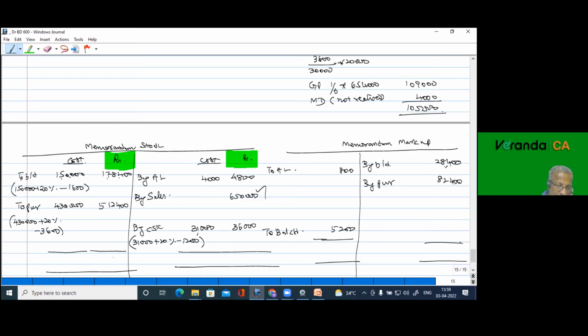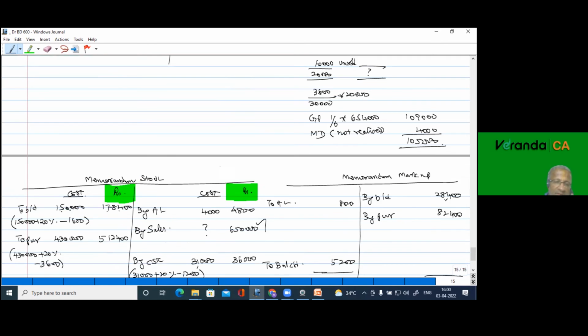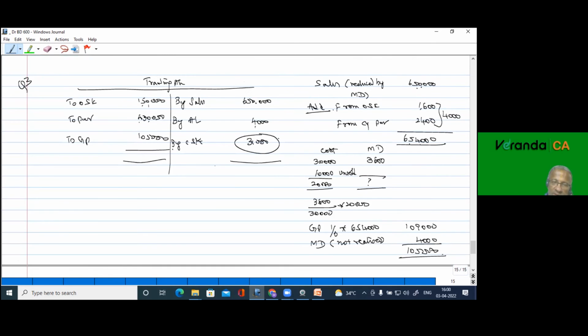It will automatically agree. This is only for the purpose of finding out. This is cost of sales. Correct? This we have already got. Cost of sales we have already got.